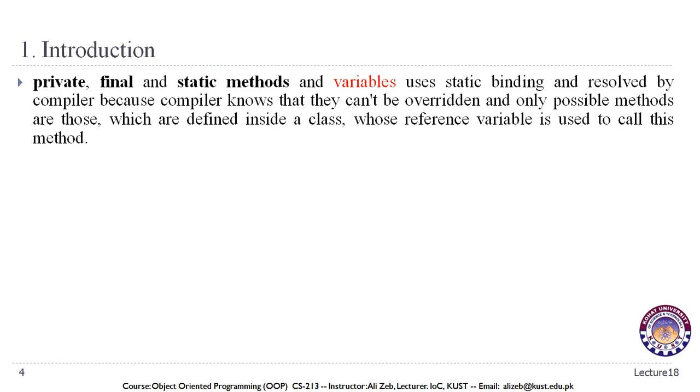Those methods will only possibly be called by the objects of the exact classes where they have been declared. So we have no issues regarding the binding of methods and variables when we declare them as private, final and static. They will only be accessed by the objects of those classes where they have been defined.